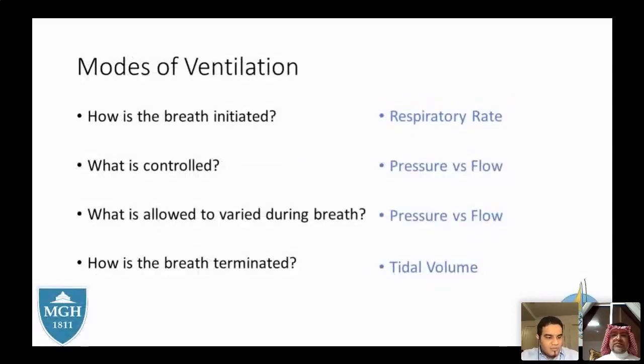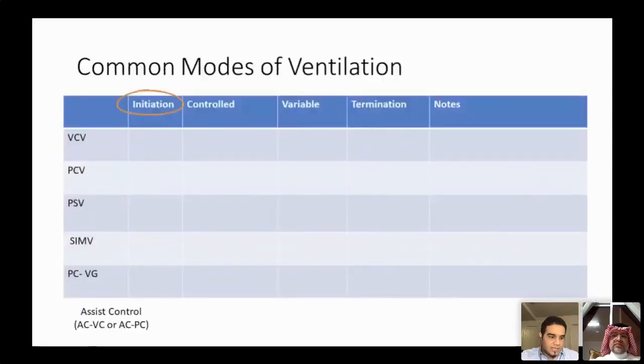Now that we have reviewed the basic concepts, let's start talking about the differences in modes of ventilation. To understand the difference between modes of ventilation, if you're able to answer these four questions, we will be able to understand exactly what mode of ventilation you are dealing with. So here's an example.